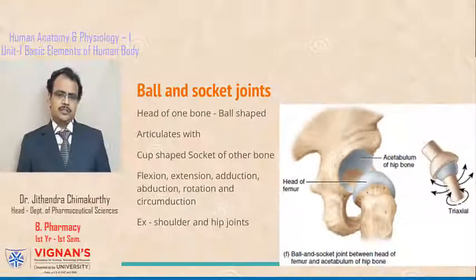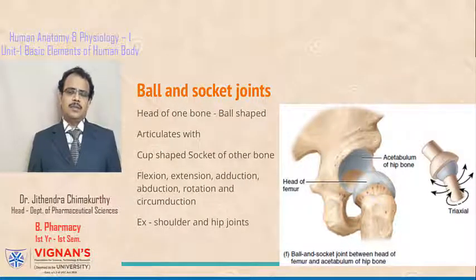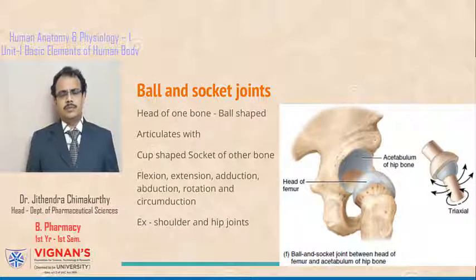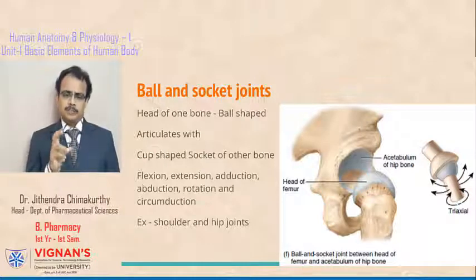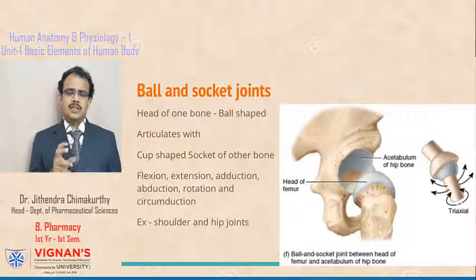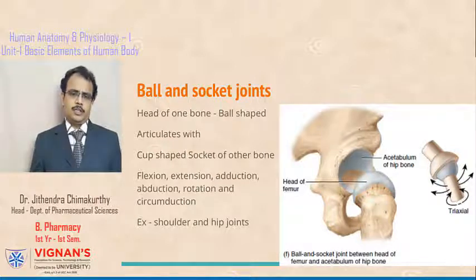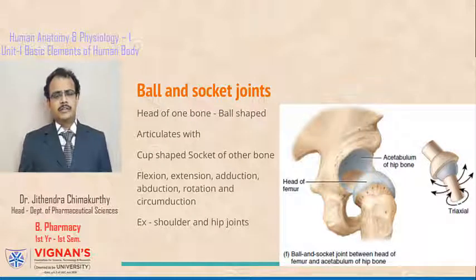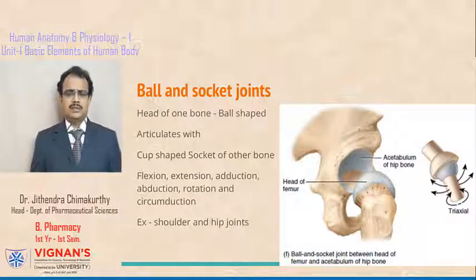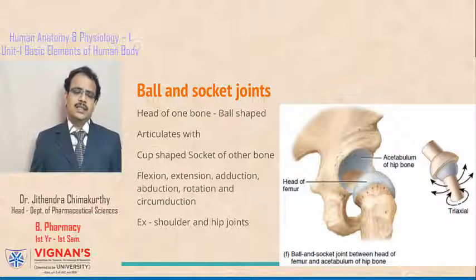Ball and socket joint. This type of joint is formed between a bony surface which is spherical and which can sit into a cup-shaped socket. This forms the ball and socket type of joint. Examples of this type of joint are the shoulder joint and the hip joint.